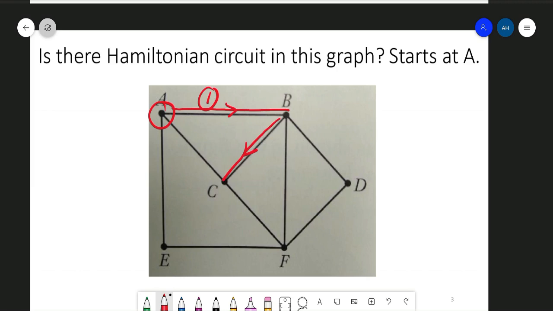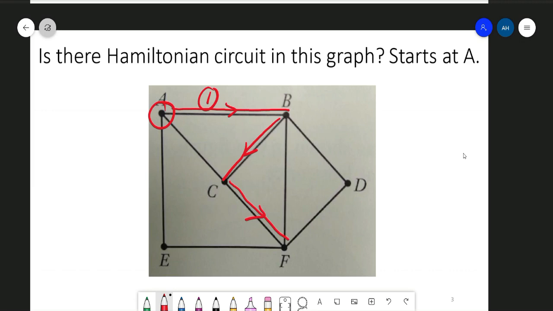Now from C we cannot return to A yet because there are many more vertices that we haven't visited yet, for example D, F, E. So we have to continue our journey from C, maybe to F.